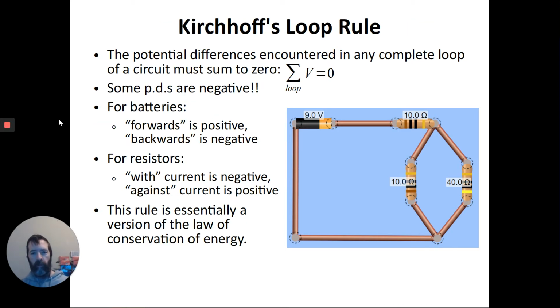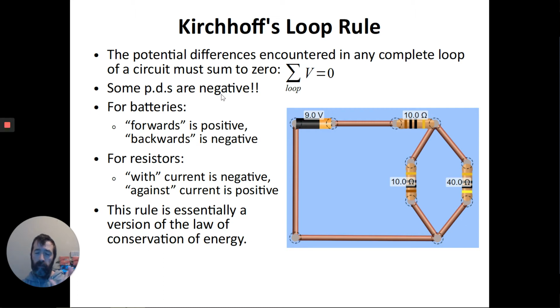So the first rule is about volts. The potential differences that you encounter if you follow any complete loop through the circuit have to add up to 0. When you're doing this, it's important that some of the potential differences are going to be negative.